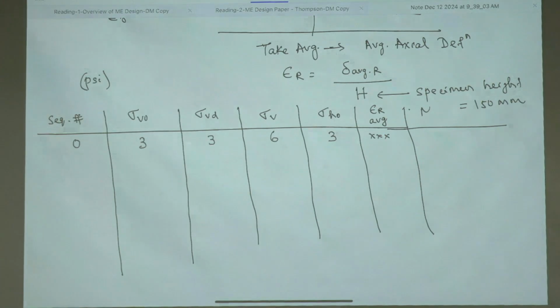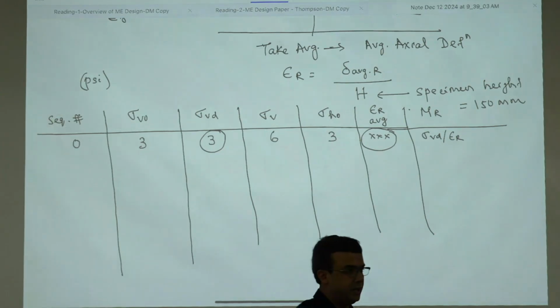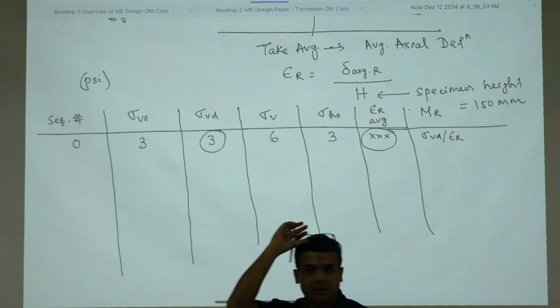So then your MR becomes sigma vertical deviator divided by epsilon r. Yes, this is your first check. These numbers should match what the software is already giving you, and we did it and it matched, right?